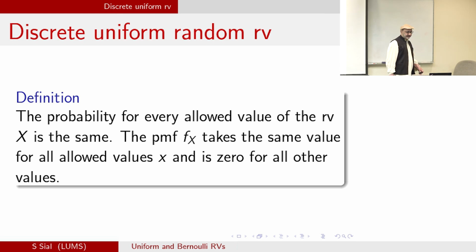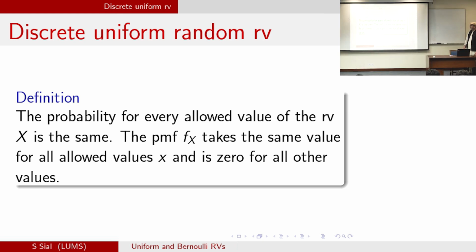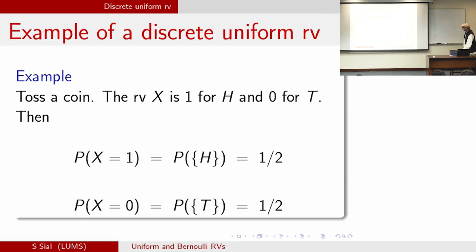The idea here is that by uniform in the discrete case, what we mean is that there are a certain number of values that x can take, and the probability of x taking any one of those values, small x, is exactly the same. So that's why we call it uniform. By that we mean that the probabilities are the same.